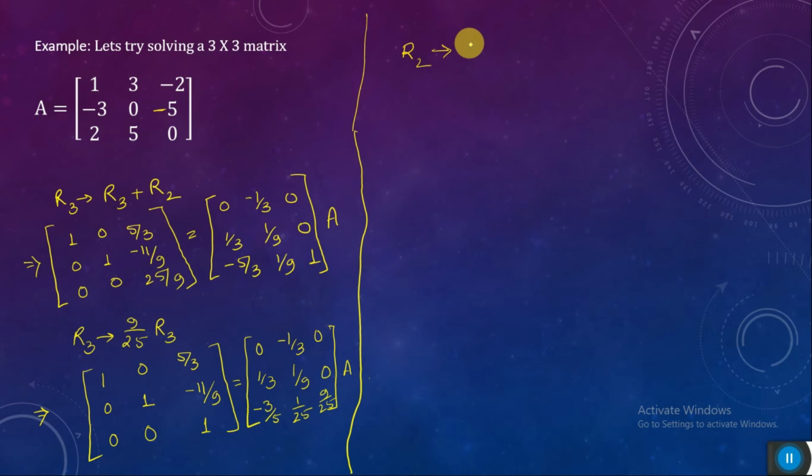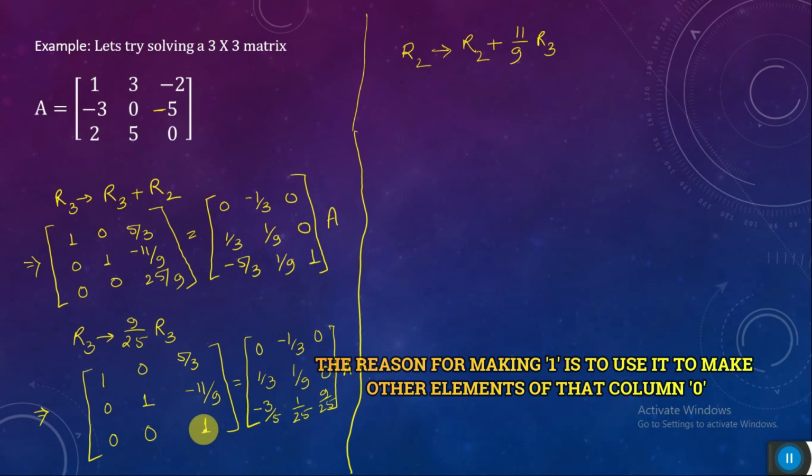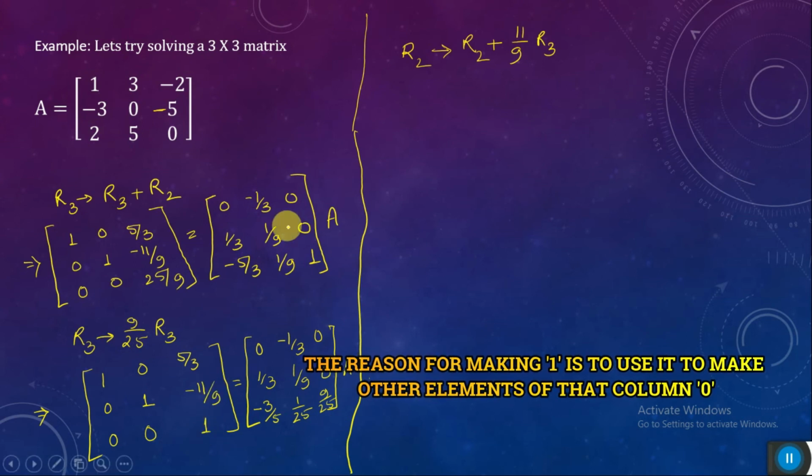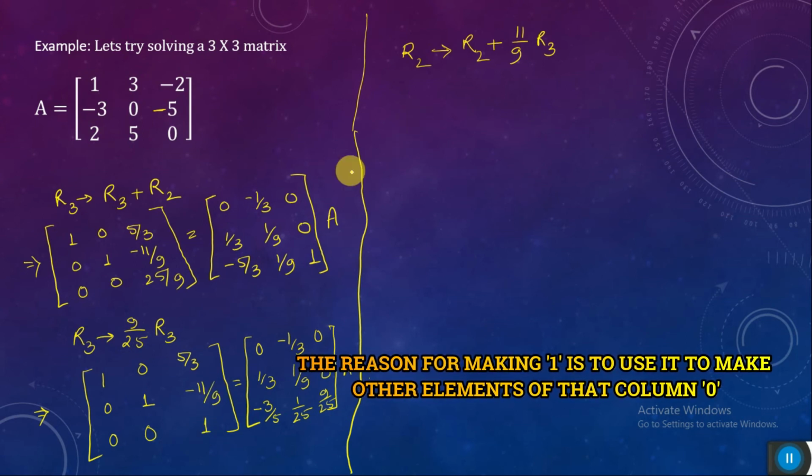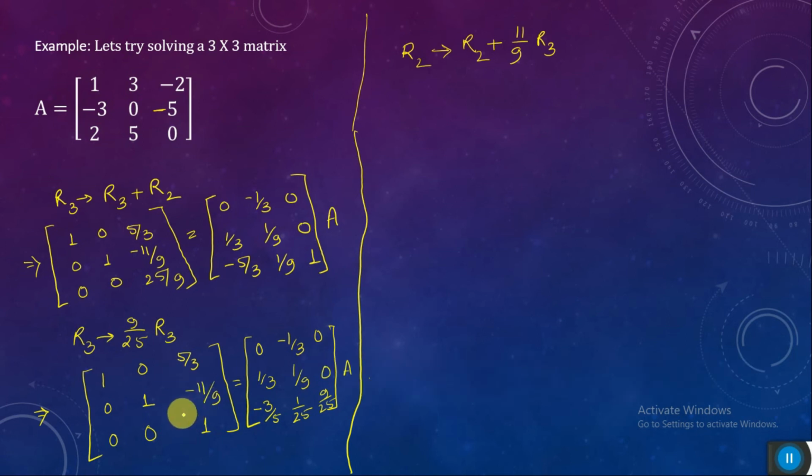So row 2 tends to row 2 plus 11 by 9 of row 3. Can you see that I will multiply 11 by 9 here and then add here, it will become 0. And see, by moving this away, you don't have to think about keeping these as it is. If you move like this, it will never change if you are applying the operations in that way.